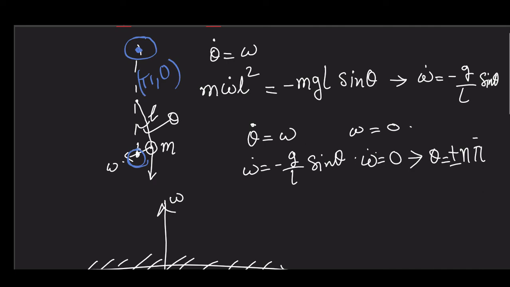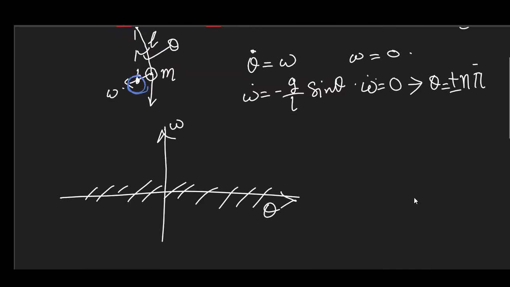If you try to obtain the linearized model with respect to the 0 comma 0 point, you have one equilibrium point here, another here, similarly here.